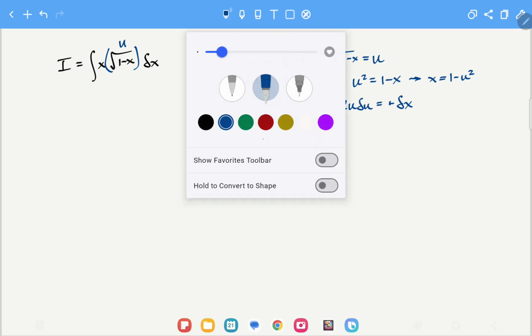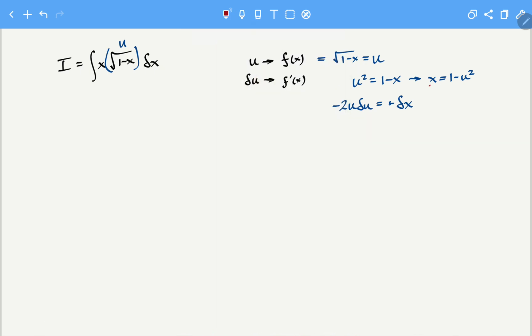So now what I have is x equals and dx equals, so I can do some substitution as I see fit. Let's revisit this. I've rearranged it so I now know x equals 1 minus u squared.